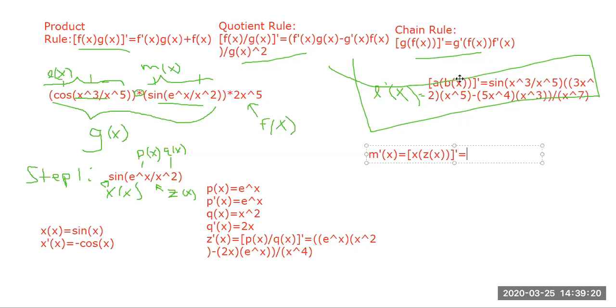Equals, and then we got x prime is negative cosine to f of x, which is z, the original. So we got e to the x divided by x squared. And we got all of this multiplied by f prime of x, which on f are z, so bear with me again, I gotta do all this crazy stuff.